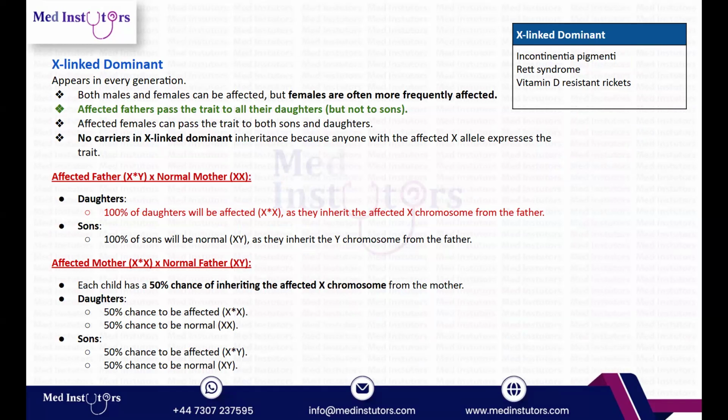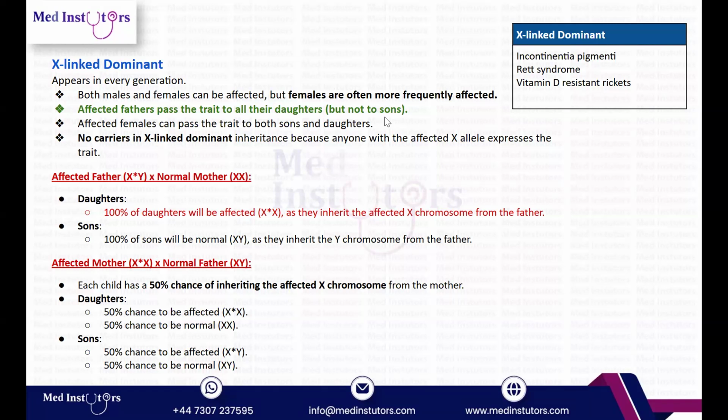But in X-linked dominant, since it's a dominant condition, only one affected gene is enough to cause the illness. So affected fathers pass the trait to all their daughters, but not to sons.